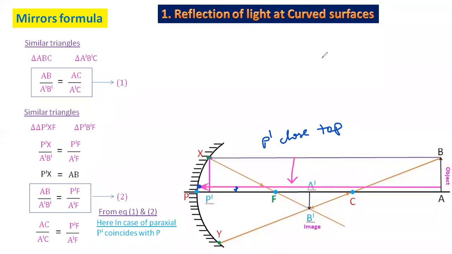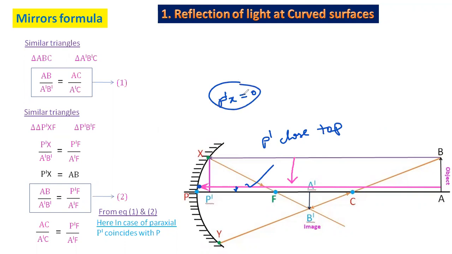If we assume that the incident light ray, which is parallel to the principal axis, is very close to the principal axis, just imagining this ray, what happens in this case? P dash exactly meets P. So that's why we'll say here P dash X is becoming 0. We cannot consider it.